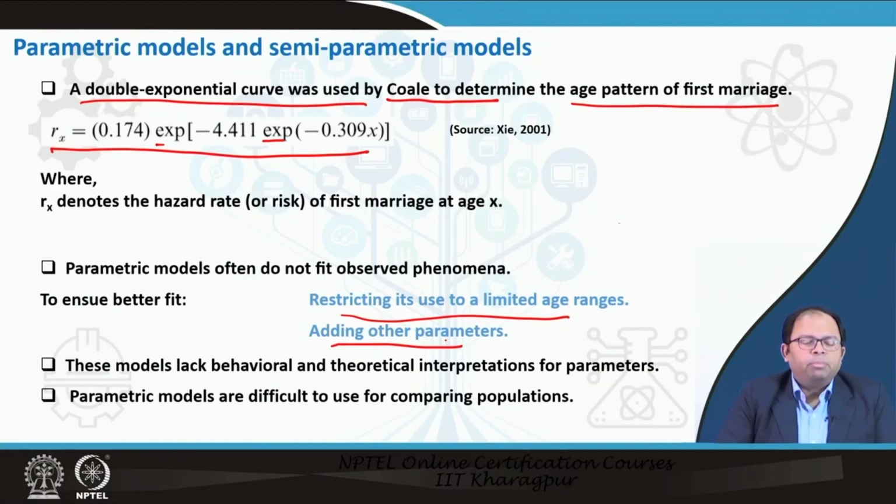These are the problems with this kind of equation, and these models also lack behavioral and theoretical interpretations for different parameters, because we are finding the best curve fit and then saying that this is how the population fertility rate will change, or this likelihood of a person marrying at a certain age will change, but actually there are no theoretical interpretations for that.